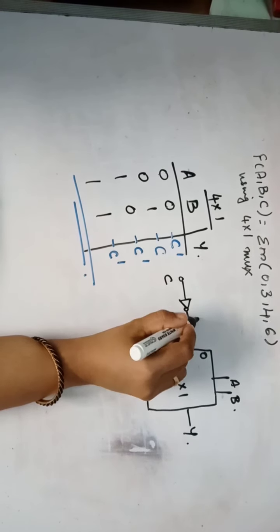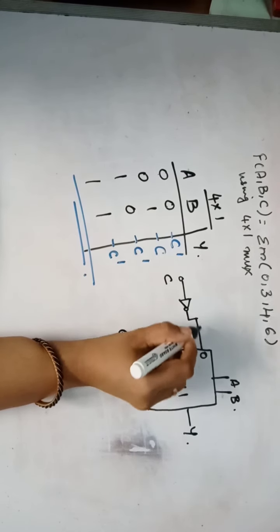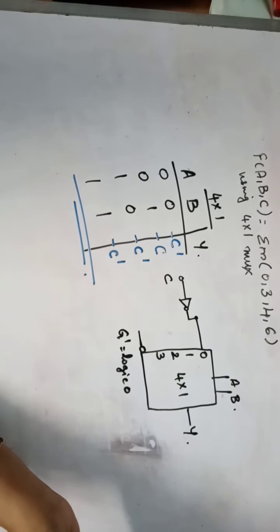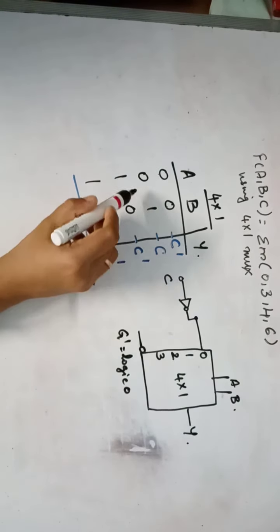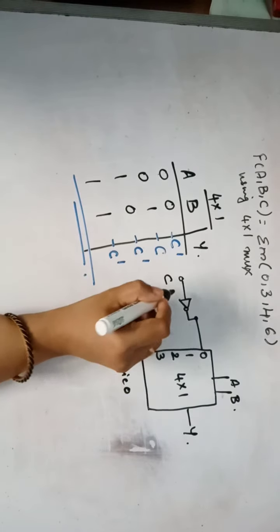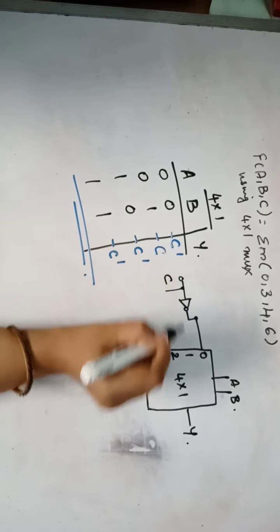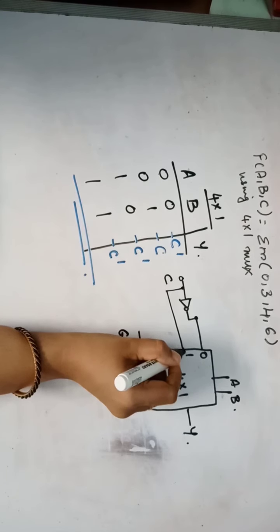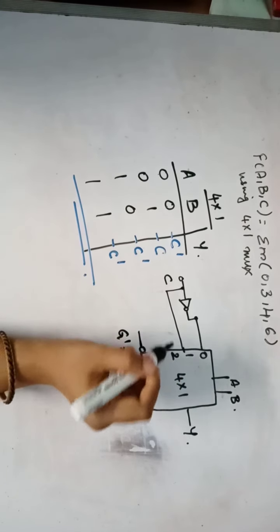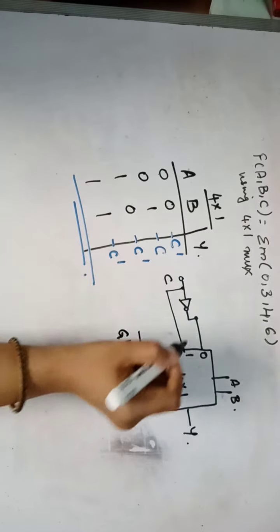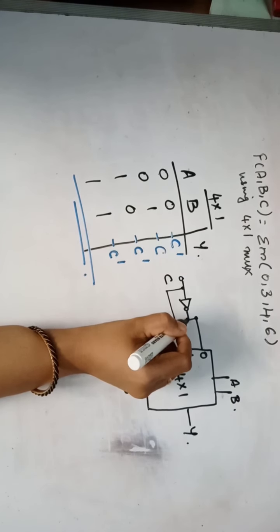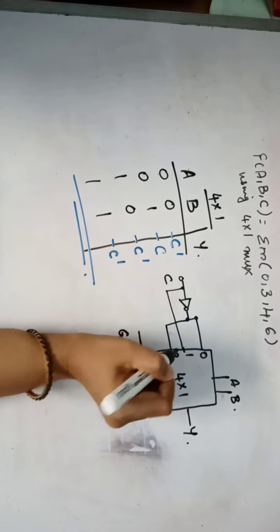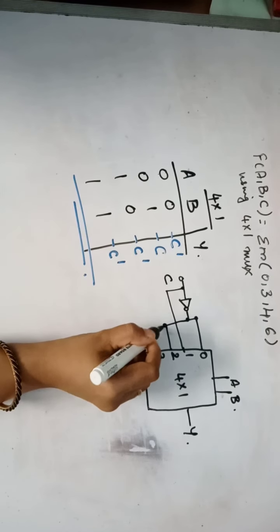So C bar will be given to 0. 0, 1 means you have to give C. Two is again C bar. 3 is again C bar.